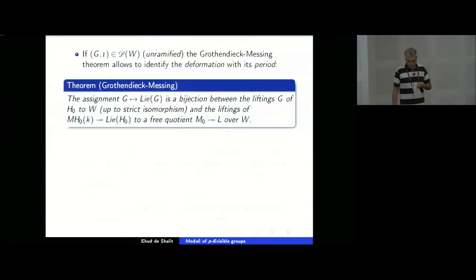In other words, the only extra information that you have to give to determine a deformation is the Hodge filtration, so to speak.